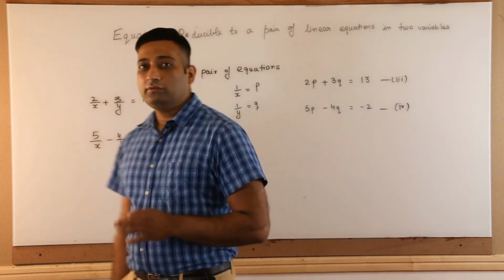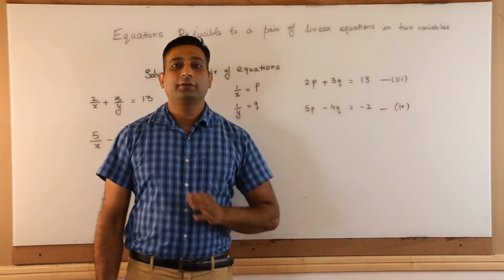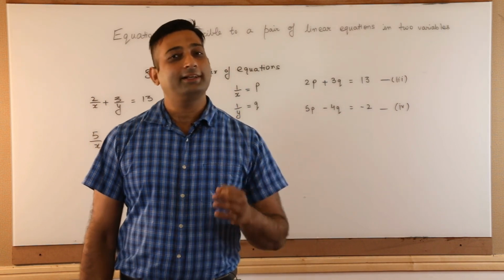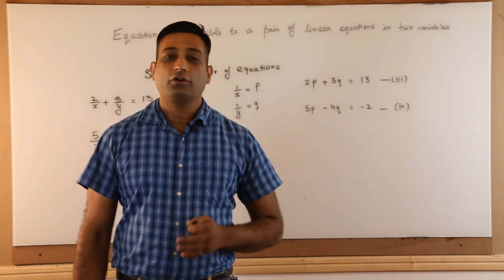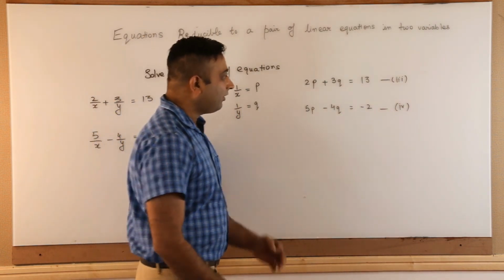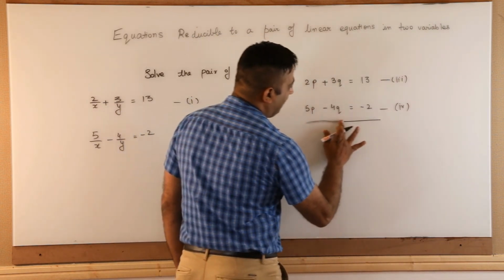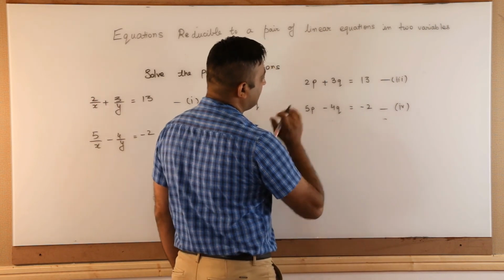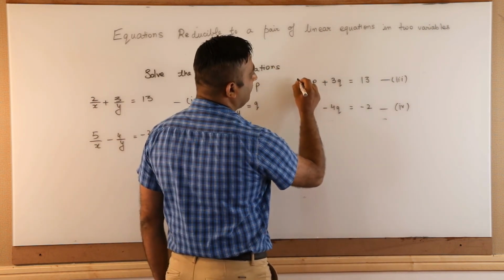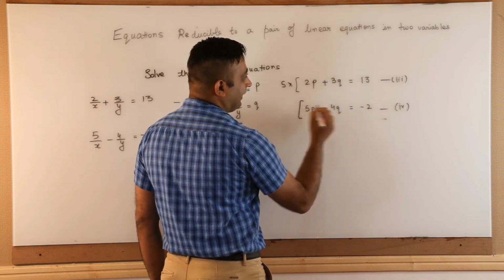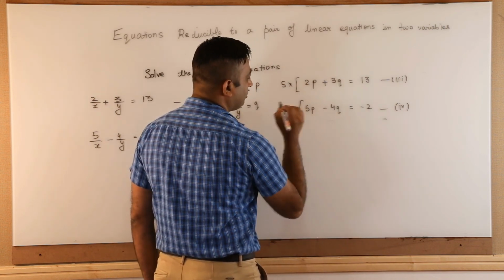Now we can solve these equations by any of the methods we have discussed earlier, that is by substitution method, elimination method or cross multiplication method. Let us solve this pair by elimination method. In this, we will multiply equation number 3 by 5 and equation number 4 by 2.